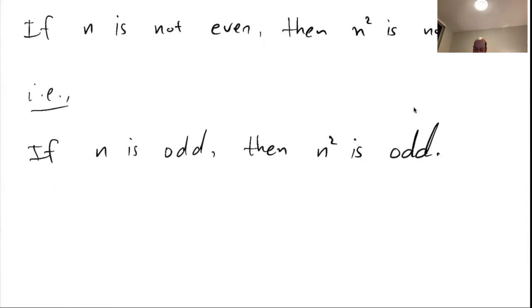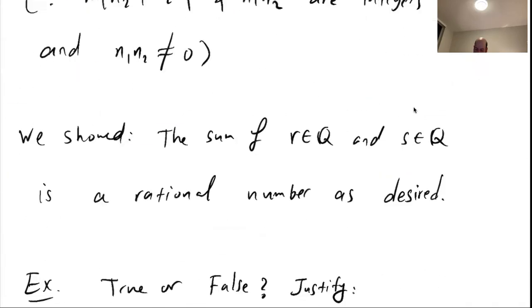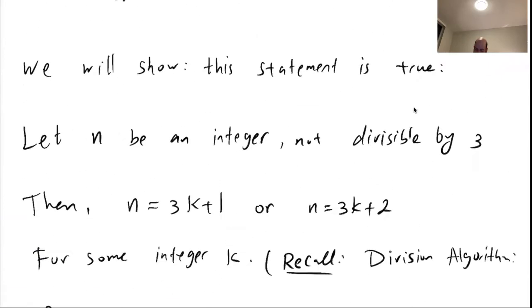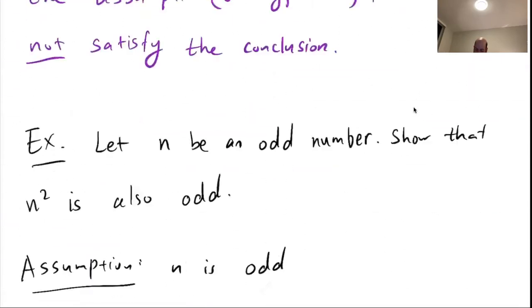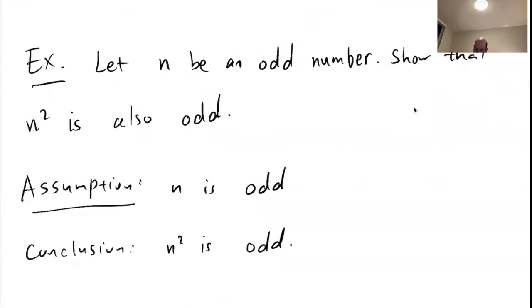So let me repeat the proof quickly. I just showed you, right? So this is the example we did: if n is odd, then n squared is odd. So we already proved this, right?